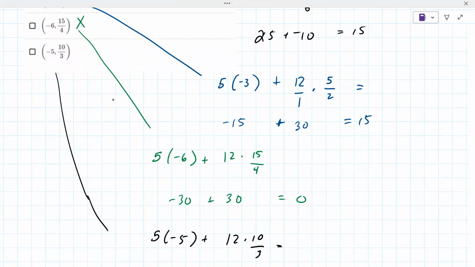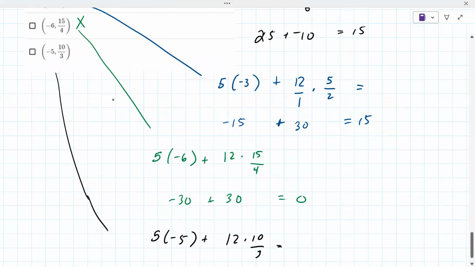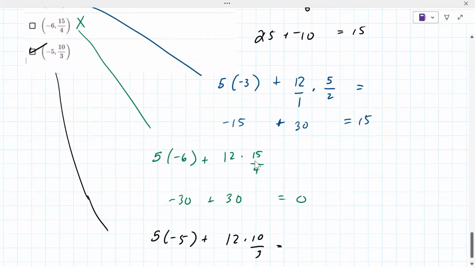This ends up being -25 plus 40, which is 15. So that one does work as well. So yeah, I was wrong. It sometimes is more than just the first two if they do work. I was saying all of them were correct. The last one, -30. Oh yeah, sorry, this is 45. You're right. This calculation.